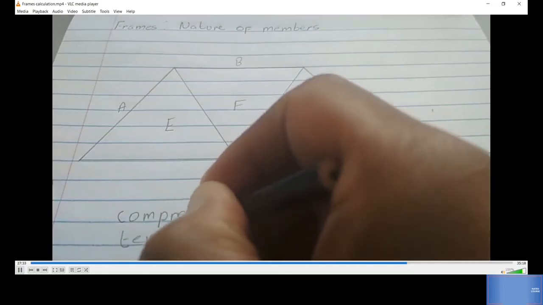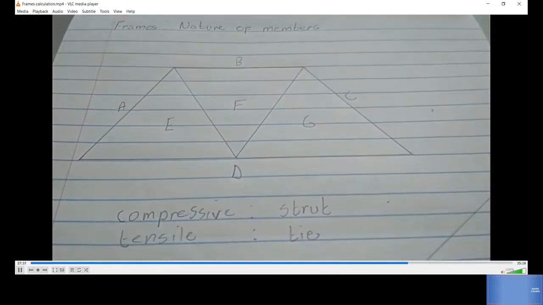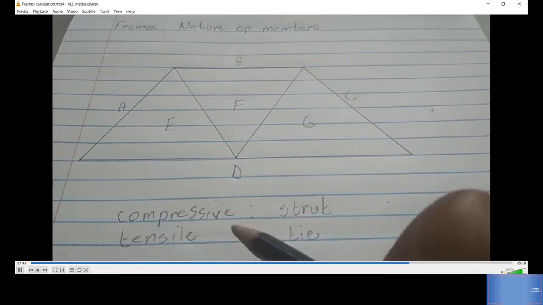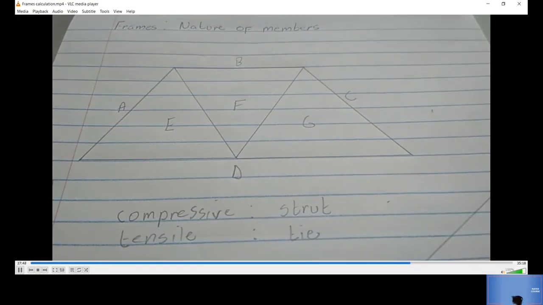But if it's facing tensile forces, then we call it a tie. You can always remember by saying TT: tensile for tie, and the other one is the compressive one, a strut. It's an easy way of remembering it.